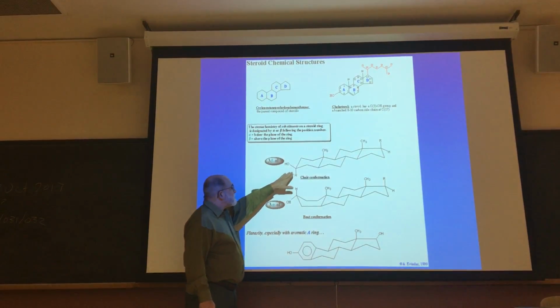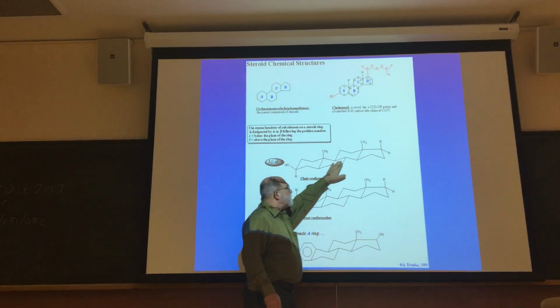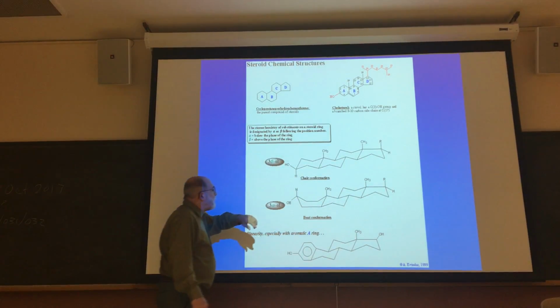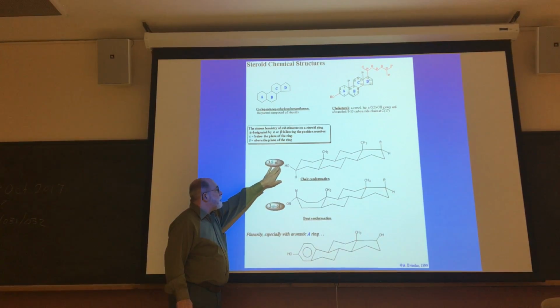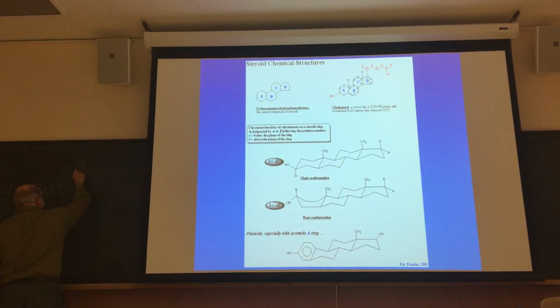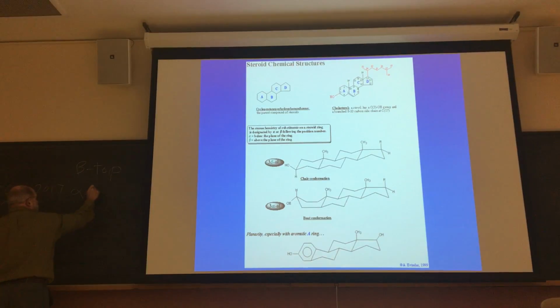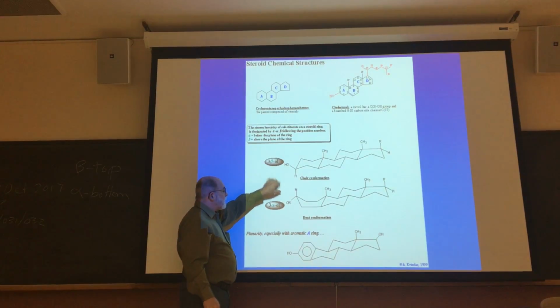And things sticking above the folded chairs are on the beta side of the molecules, the top. So beta is top. And you can guess that alpha is bottom. So here's alpha and beta.